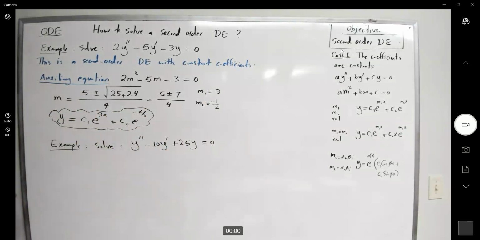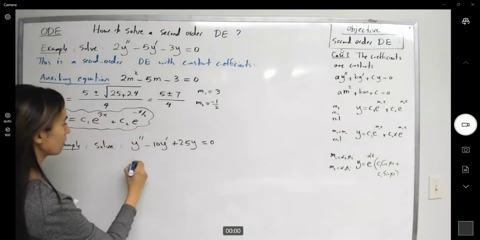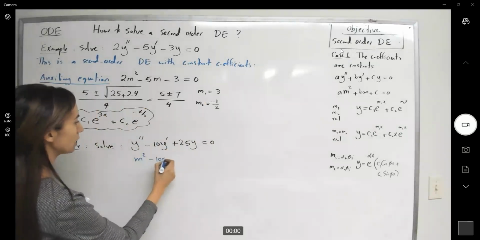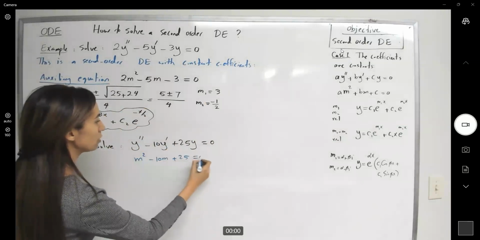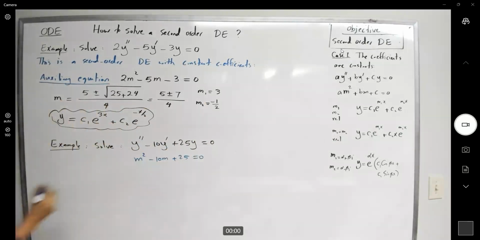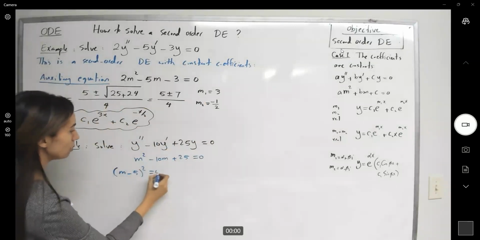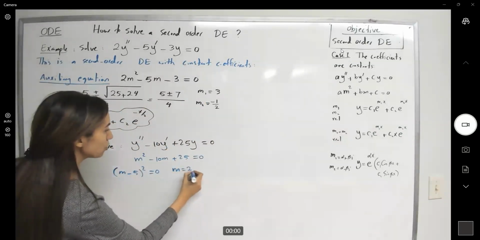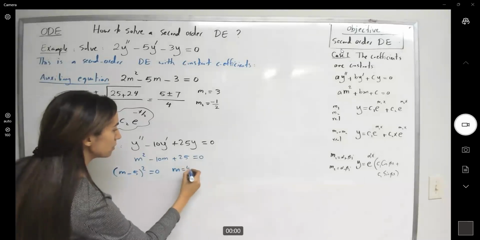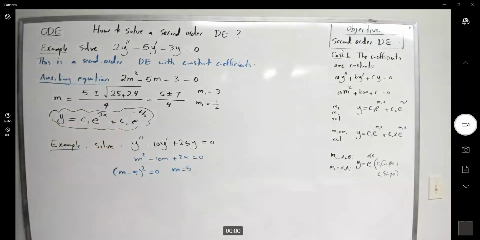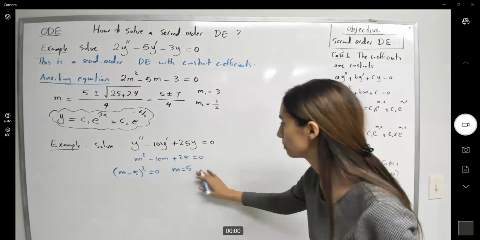So the auxiliary equation becomes m² - 10m + 25 = 0. So this is the case where we have (m - 5)² = 0. m is 5 with multiplicity 2, so it's repeated twice.